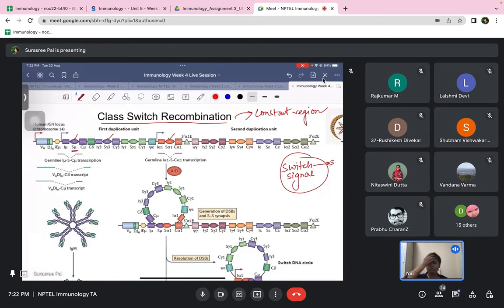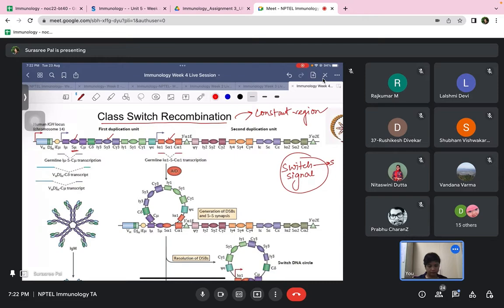What are these S alpha 1, S mu? These are the switch signals which are upstream to particular constant regions of either IgM or IgG, right?